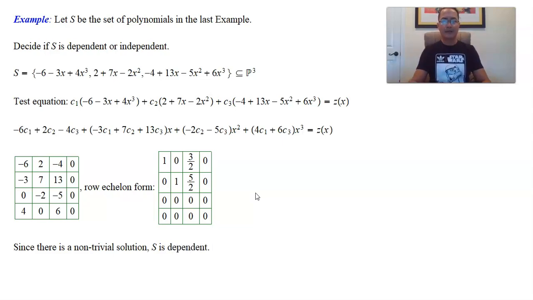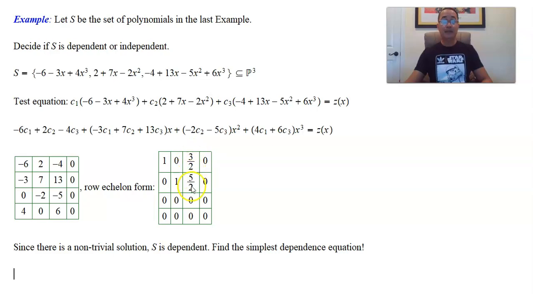So, of course, the obvious follow-up question is, find the simplest dependence equation. What is the simplest way by which we can create the zero polynomial out of these three polynomials? Again, does that remind you of something? Yeah, it's just a null space, right?